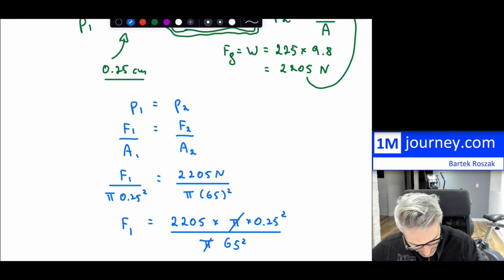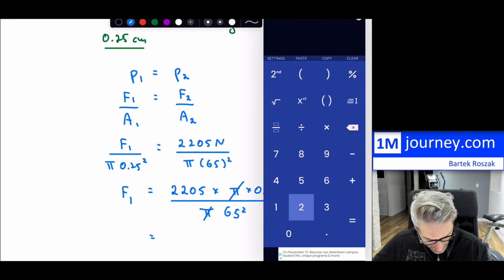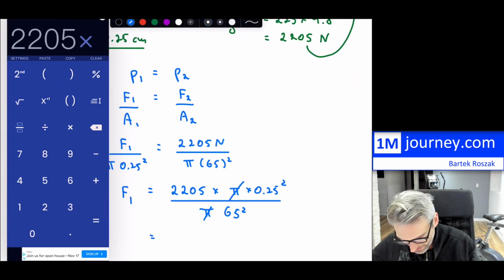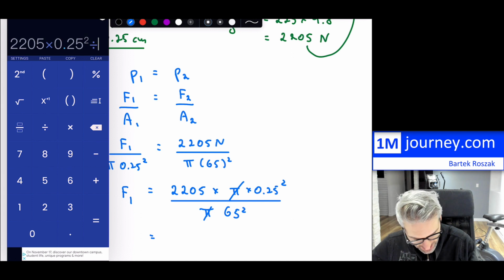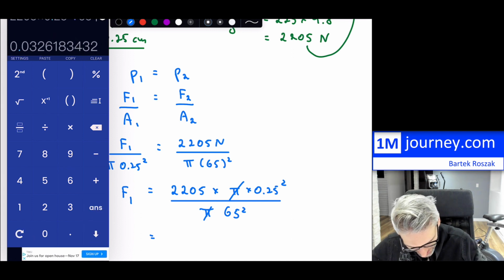The pi's, of course, cancel, and I can substitute this into the calculator. So let's see what we're going to get here, and you'll be shocked how big of a difference that is. Okay, so there you go.